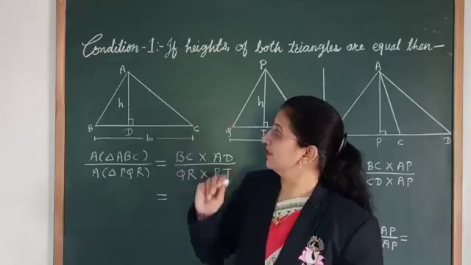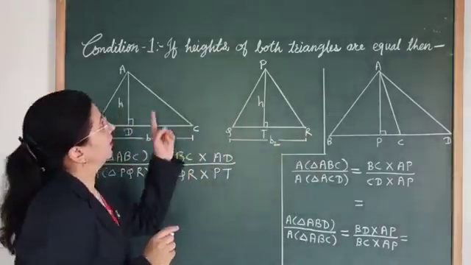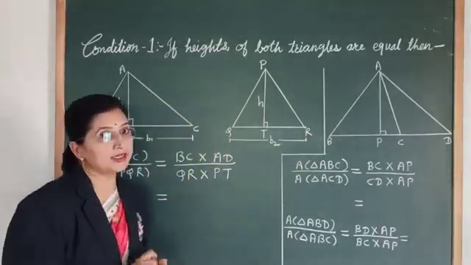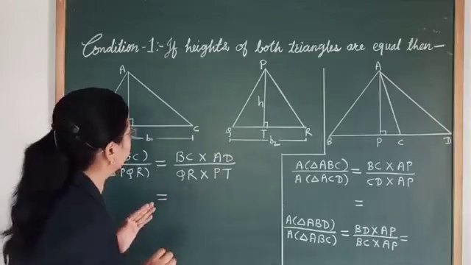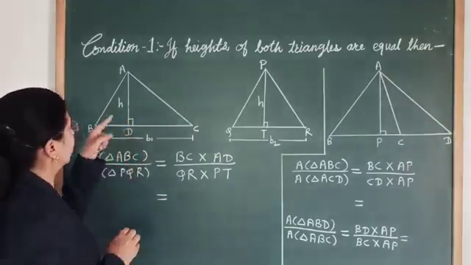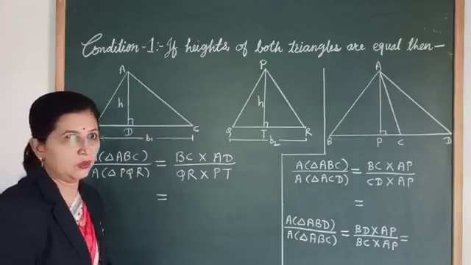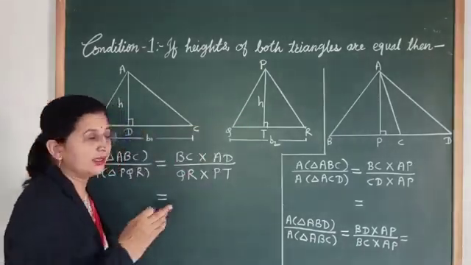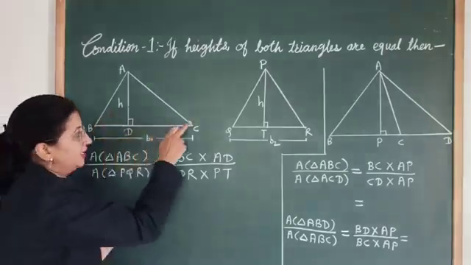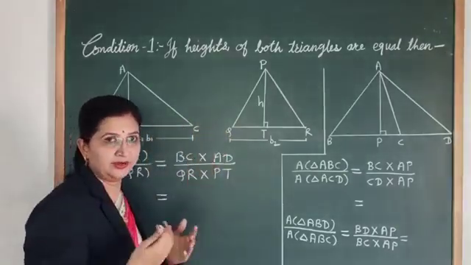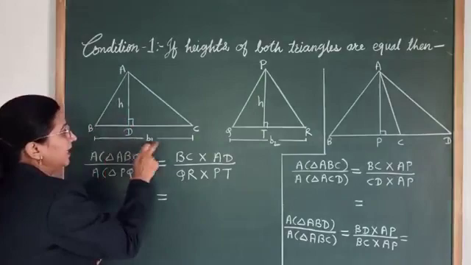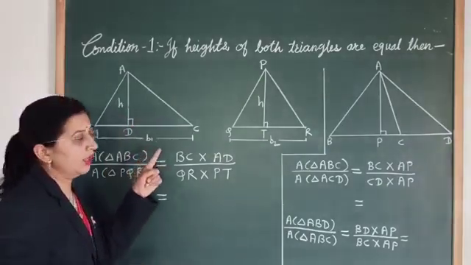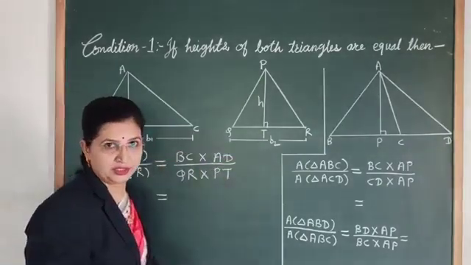Okay, so let's see the first condition. If the heights of both the triangles are equal, then here for these both the triangles ABC and triangle PQR, their height is equal. Okay, let's consider the height of this first triangle as H, so that for PQR also it will be H. Okay, base of the first triangle as B1 and for the second triangle B2.